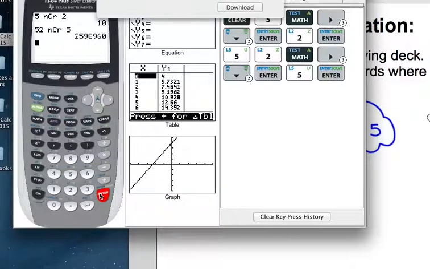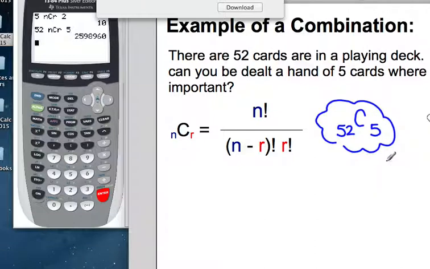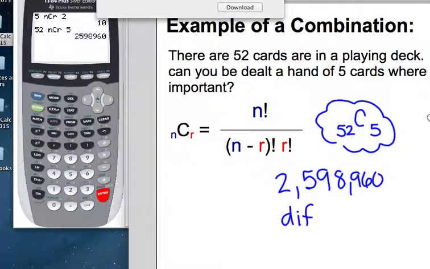There are 2,598,960 different possibilities. So 2,598,960 different ways to have this problem answered.